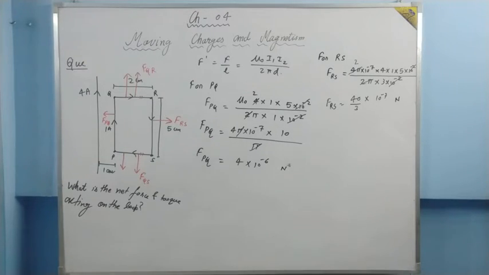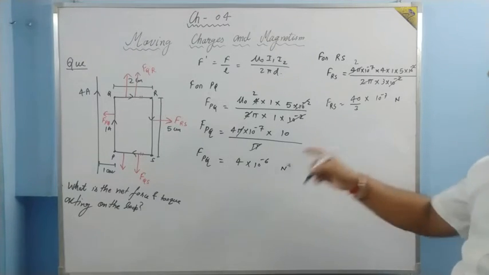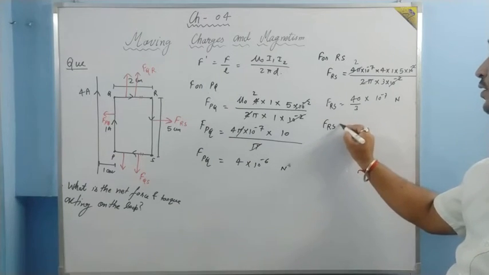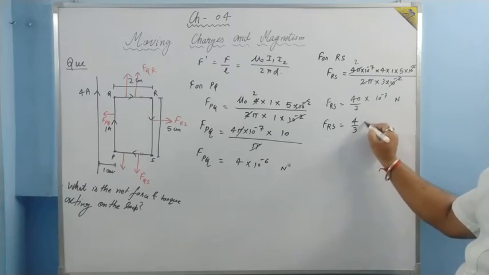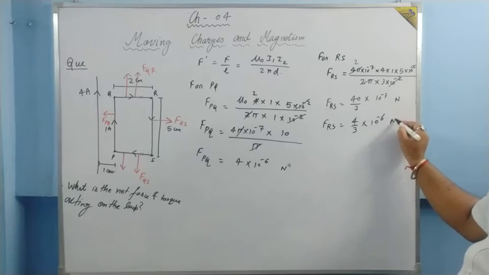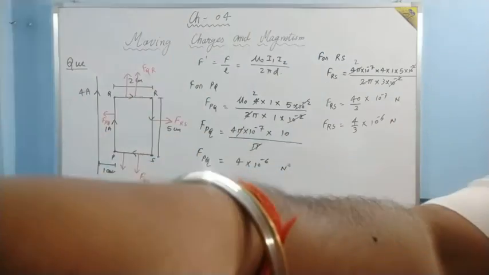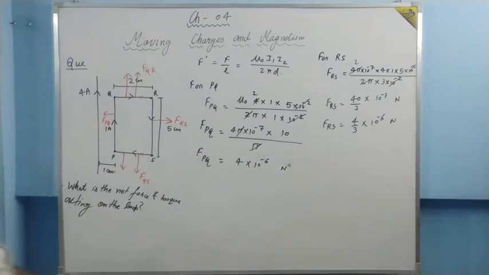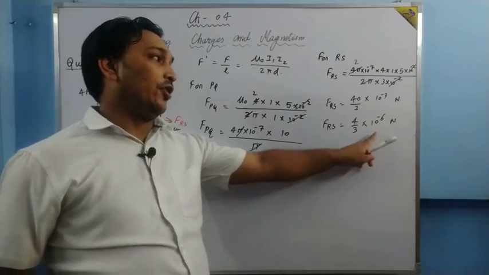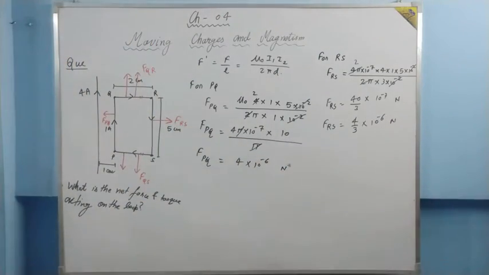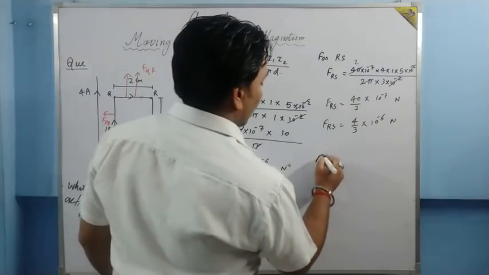Now you can see this force, 40 into 10 to the power minus 7, can be written as FRS is equal to 4 by 3 into 10 to the power minus 6 Newton. Okay? So basically it is 4 by 3 into 10 to the power minus 6 Newton, while FPQ is 4 into 10 to the power minus 6 Newton. Now we can calculate the net force, F net.